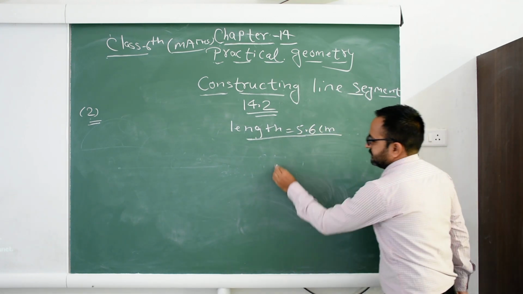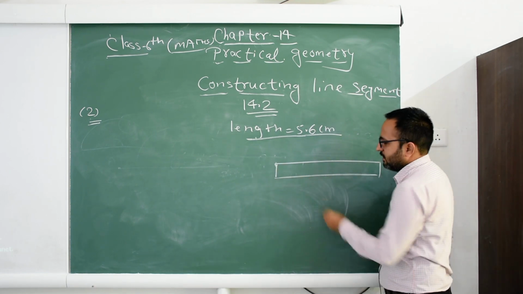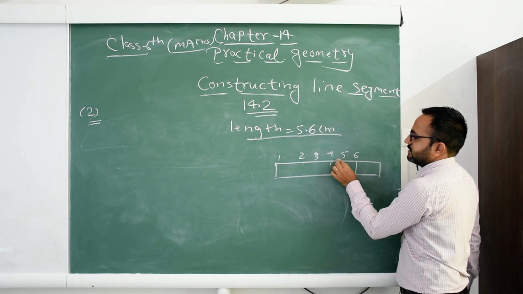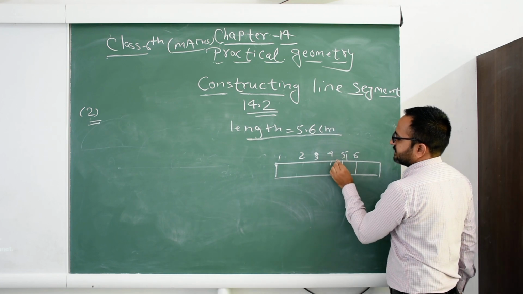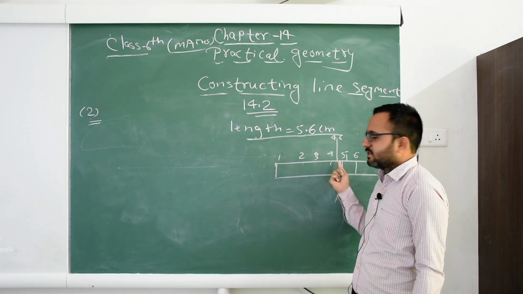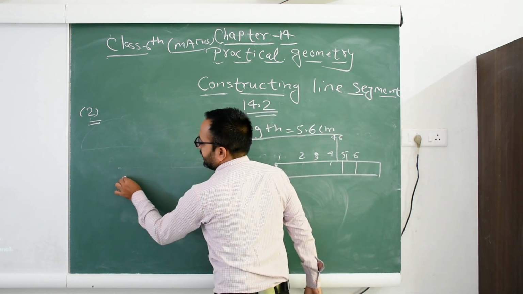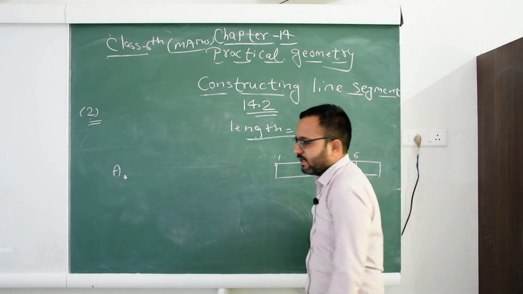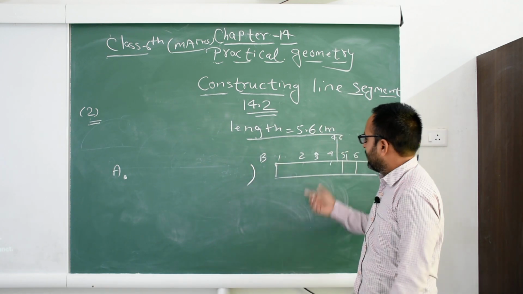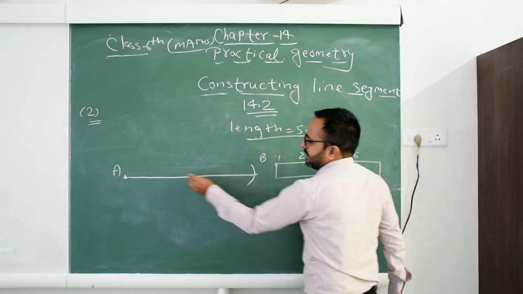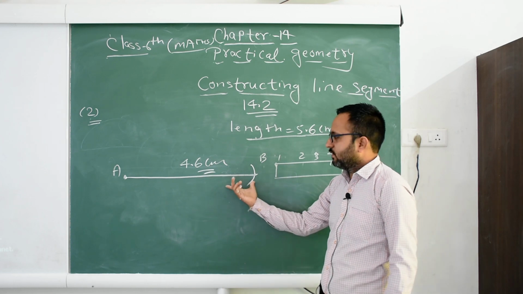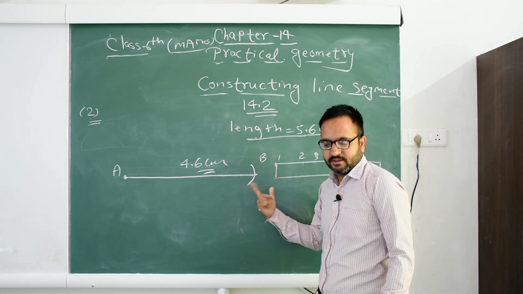Same, with the help of the ruler we measure the length here, and now with the help of the compass we take this measure and mark point A. First we mark point A and cut an arc here, and this is point B. Now join A and B. So this is your line segment, and this is the procedure of constructing a line segment.